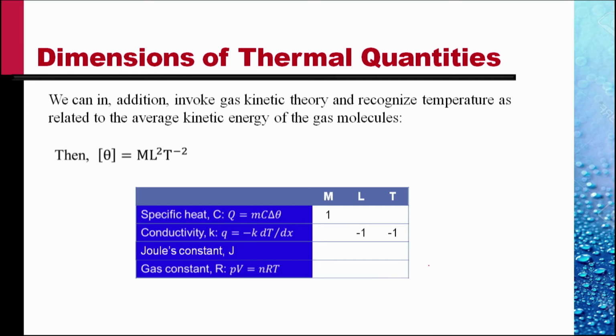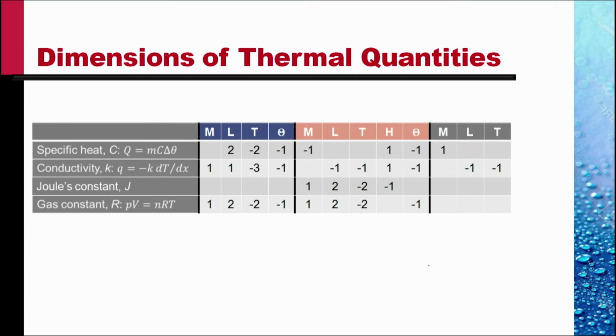Here, both the Joule's constant and the gas constant are treated as non-dimensional, and the specific heat has the units of only mass. Conductivity has L minus 1, T minus 1. We have spent time on these thermal quantities or the dimensions of these thermal quantities in preparation for the dimensional analysis we'll carry out on thermal quantities later in the course.